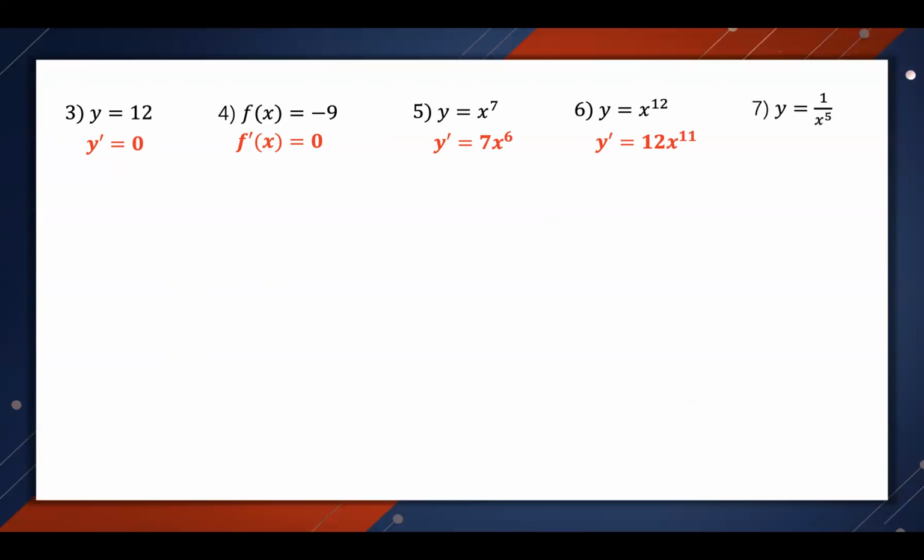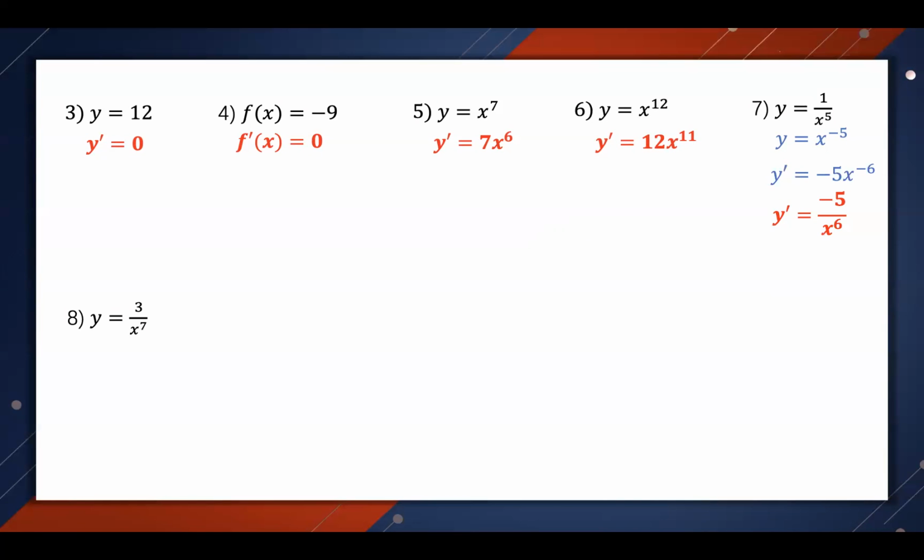For this one, we could write it in the general form y equals x to the power of negative 5 and put it before the variable x. So y prime equals negative 5 times x to the power of negative 6, and we write it in general form: y prime equals negative 5 divided by x to the power of 6.